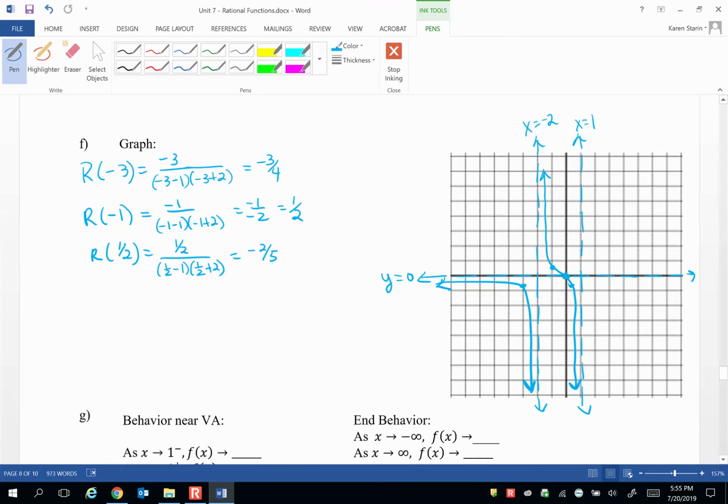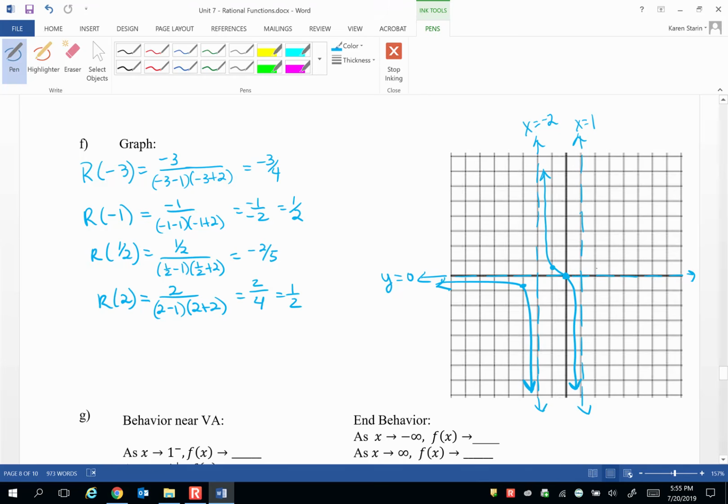And now I'll need one more point, because to the right of x equals 1, I could either be up above the horizontal asymptote or down below it. So let's see where we are with just one single point. So I'll pick 2, because that's a nice easy number to work with. I'll have 2 minus 1 in the denominator and 2 plus 2. So this will be 2 over 4. That will be 1/2.